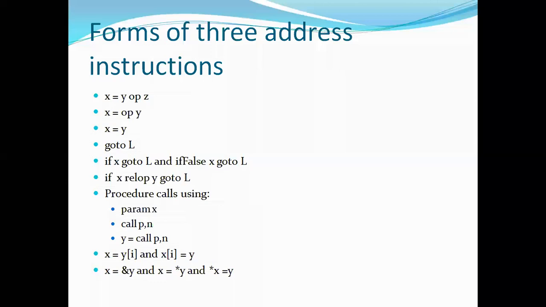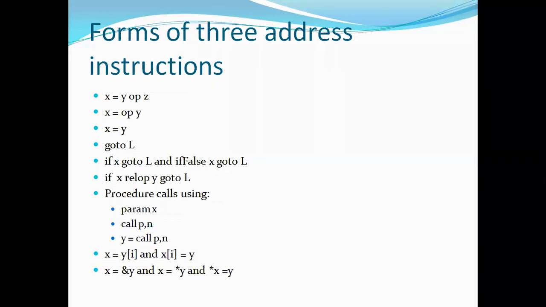For the assignment statement, the intermediate code representation is x = y op z. And x = op y also comes under the assignment statement. And x = y, here we're using an assignment operator, that means copy statement. This comes under the copy statement.